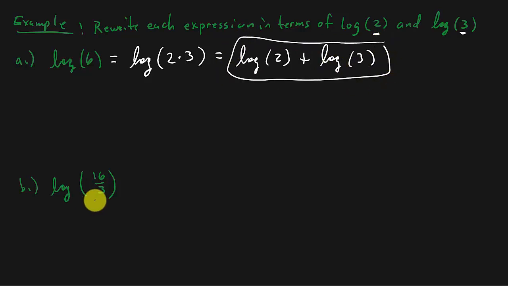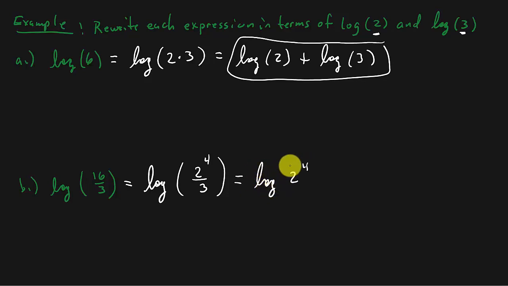All right, now what about this one? Well, this one's division, and I need 2 and 3. I've got a 3 here, but here I've got 16. What I can do is rewrite 16 as 2 to the 4th. You see that? And so this is going to be log 2 to the 4th.